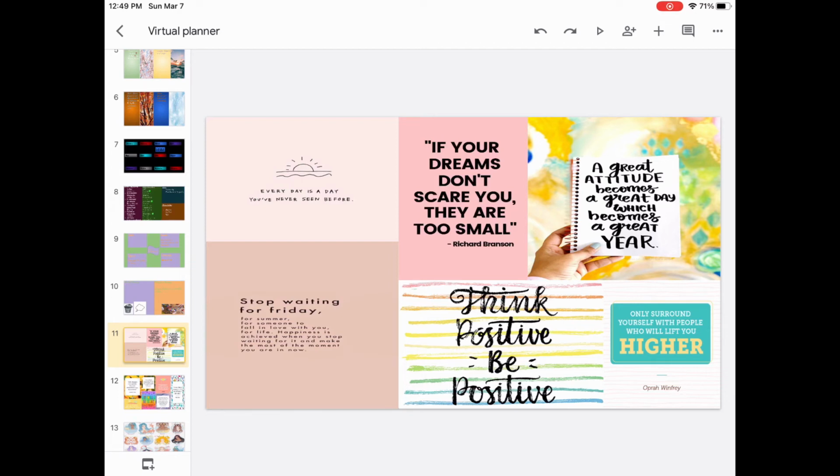My favorite quote on this one is "Only surround yourself with people who lift you higher" by Oprah Winfrey. And another quote I like is "Every day is a day you've never seen before." That's not really true because now quarantine is here. My days are sort of repetitive and boring. But I guess in a way, there are days that I've never seen before. So, yeah.